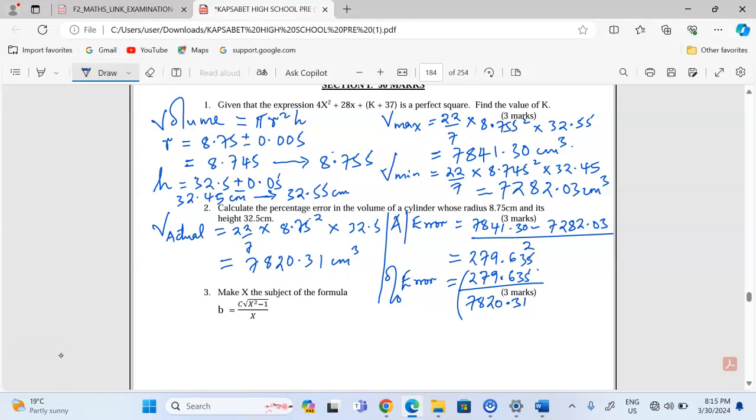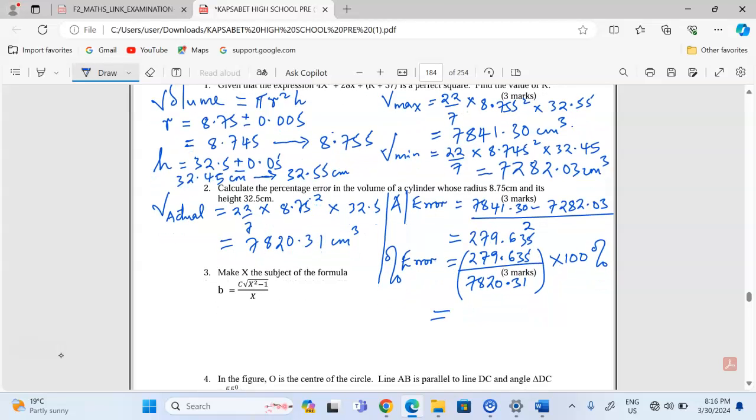And for us now to get the percentage error, we multiply this by 100%.